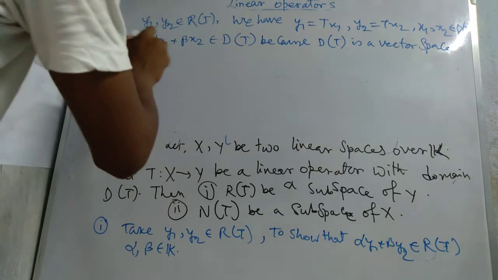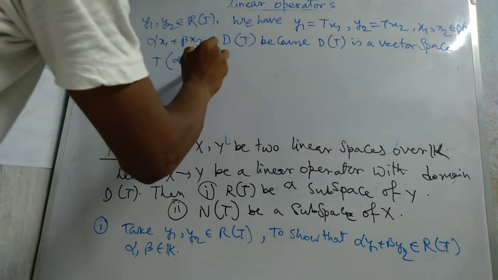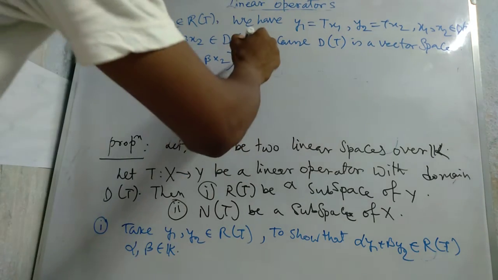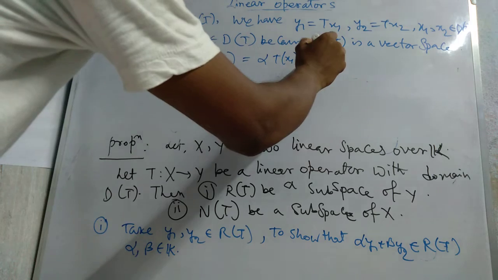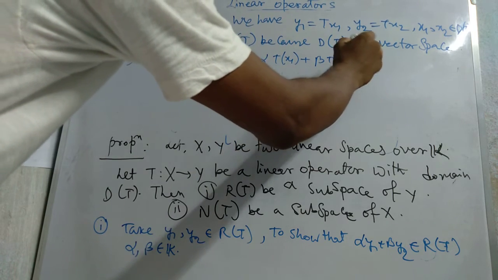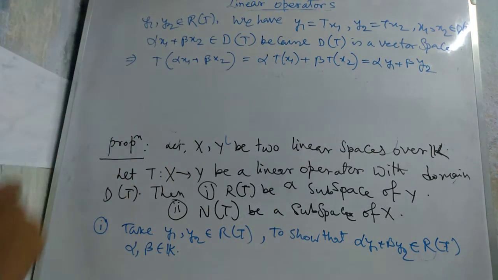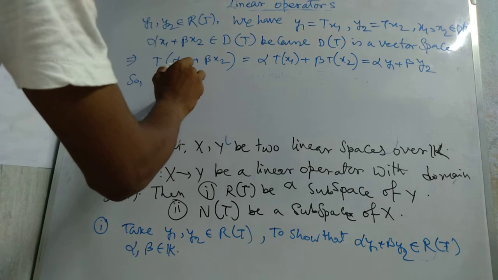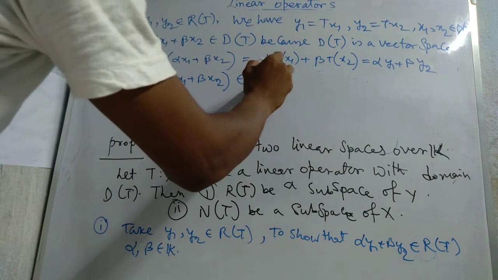Then T of alpha x1 plus beta x2 belongs to R(T), and by linearity this equals alpha y1 plus beta y2. So T of alpha x1 plus beta x2 belongs to R(T).